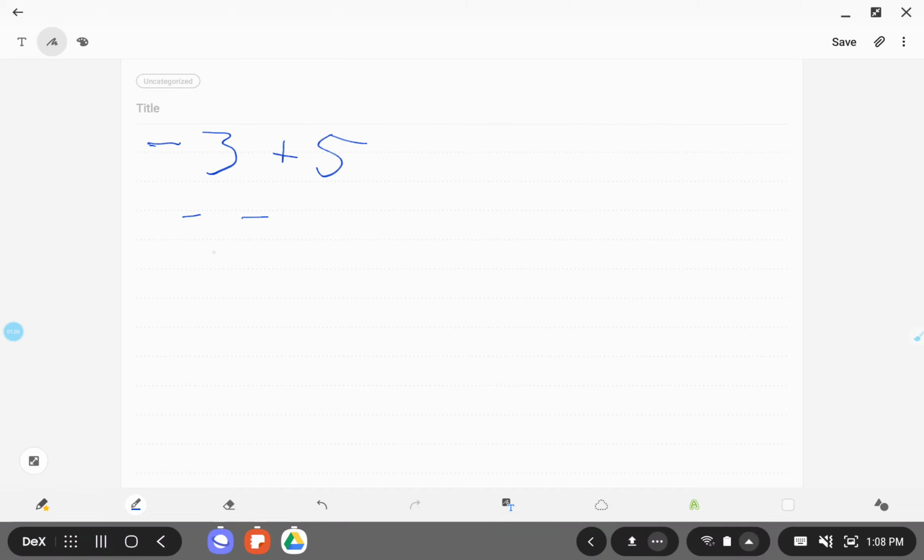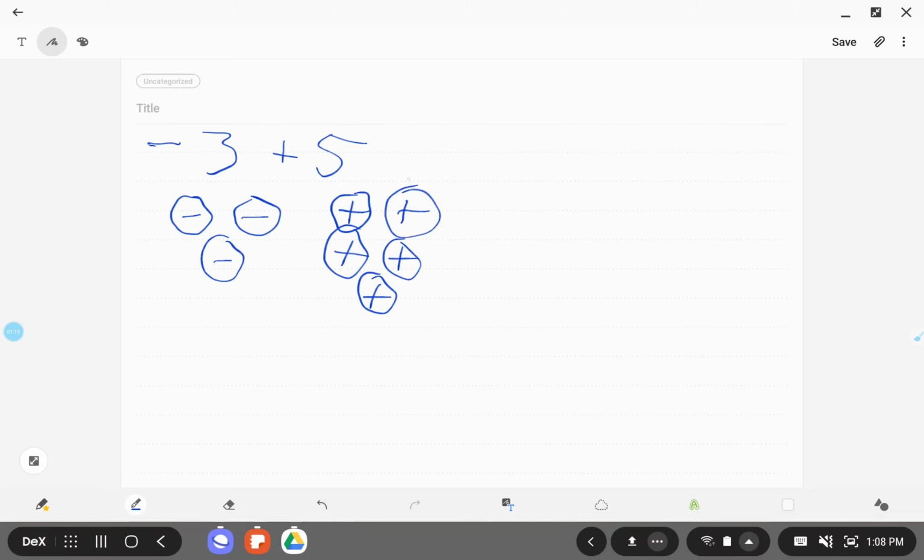So I have 1, 2, 3. You could just leave them like that, or if you want to put a little circle around them to show that they're physical tokens, that's fine too, right? So I've got 3 negative tokens, and then I have 5 positive tokens. 1, 2, 3, 4, and 5. So I've got my 3 negatives and 5 positives.